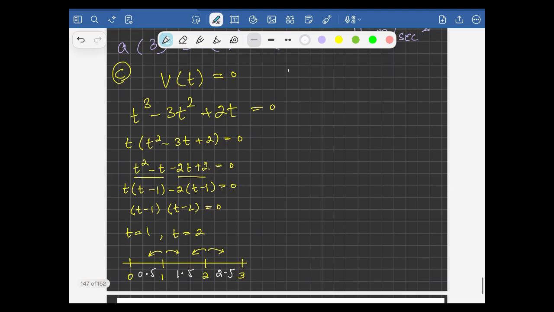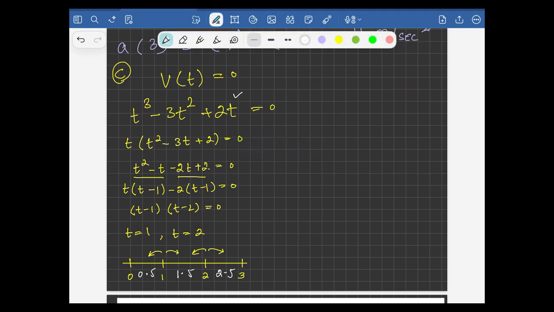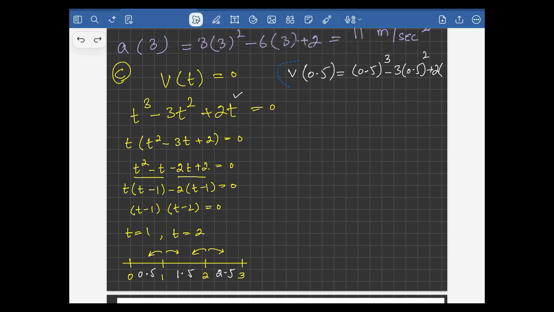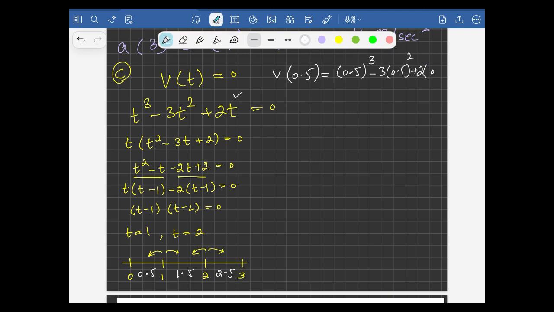Okay, so velocity at 0.5 equals 0.5 raised to power 3 minus 3 into 0.5 squared plus 2 times 0.5.